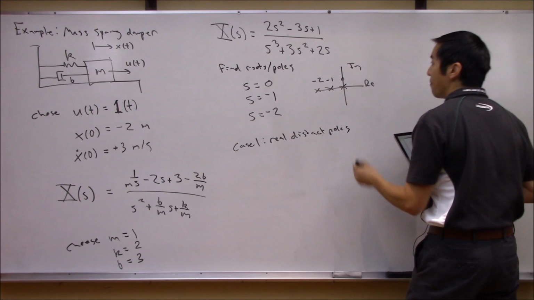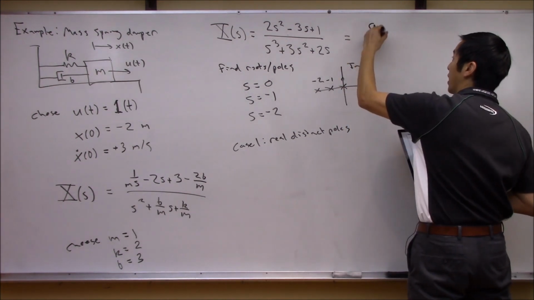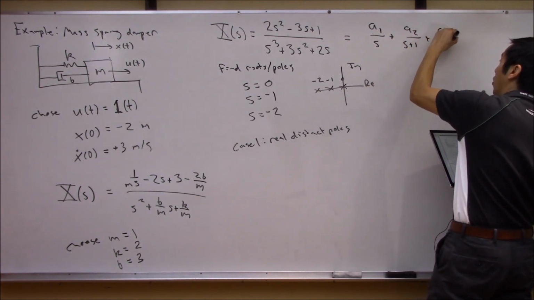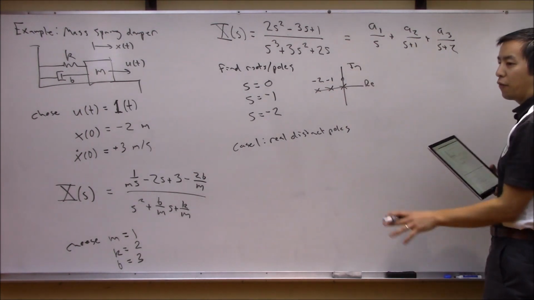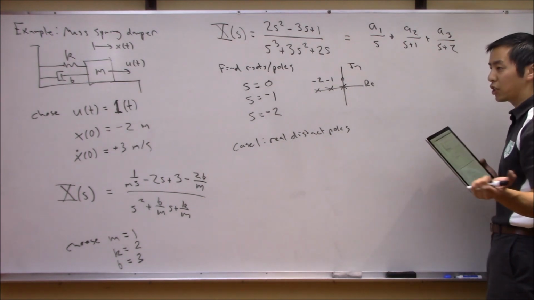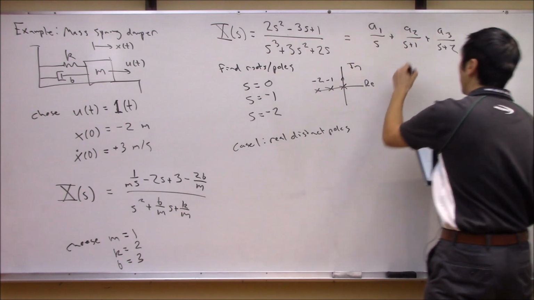So what that meant is that the partial fraction expansion associated with this was going to be A1 over s plus A2 over s plus 1 plus A3 over s plus 2. Now go ahead, do your coefficient method, your multiplication method, whatever you like. We already discussed how to get your A1, A2, and A3 in the partial fraction expansion lecture.